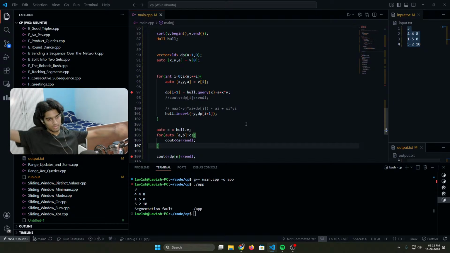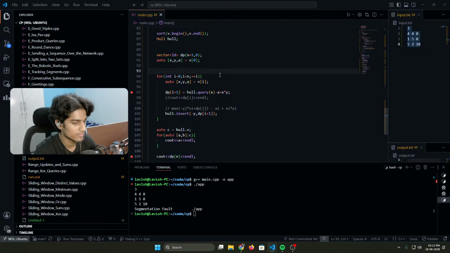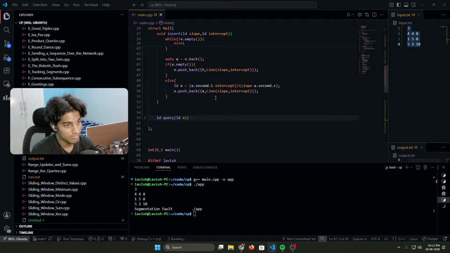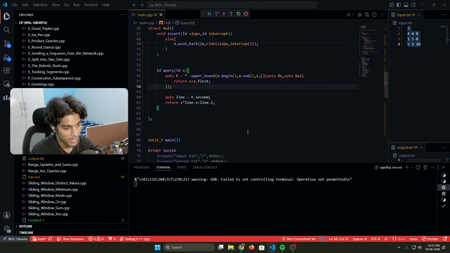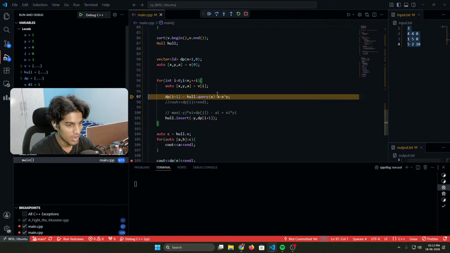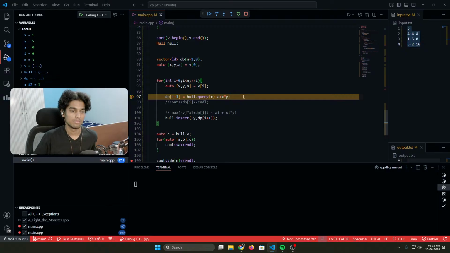Segmentation fault. Let's see where. So we are here, this particular line.